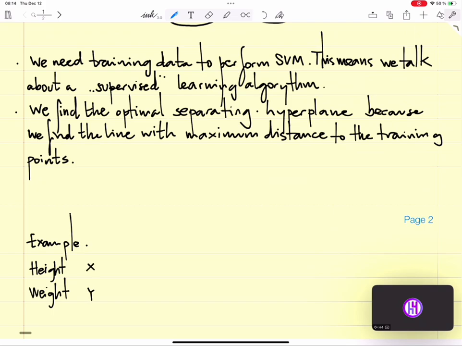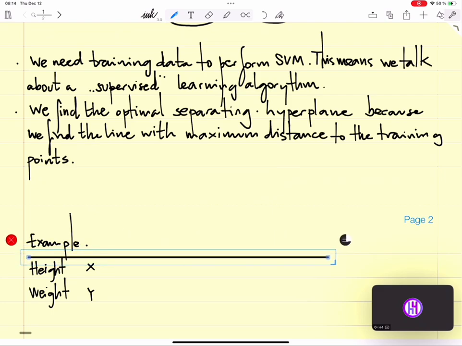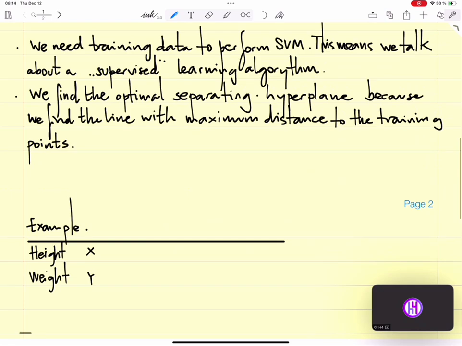Okay. And I take this data and I cluster that, or we cluster that based on sex. Okay.